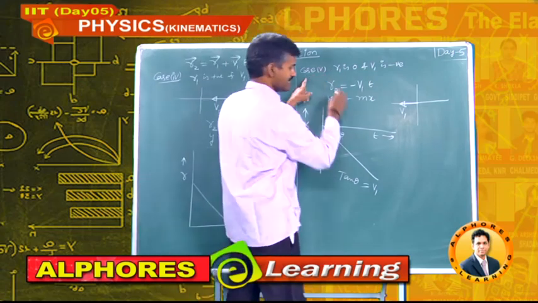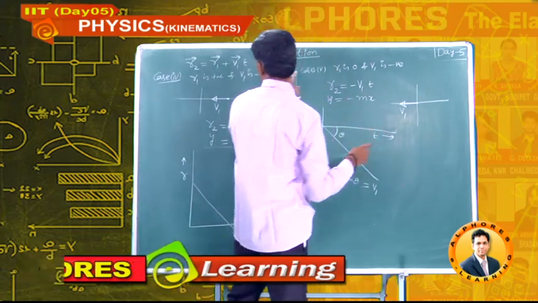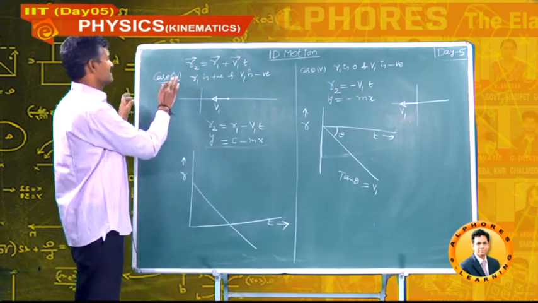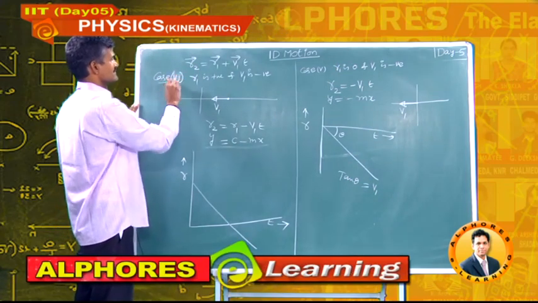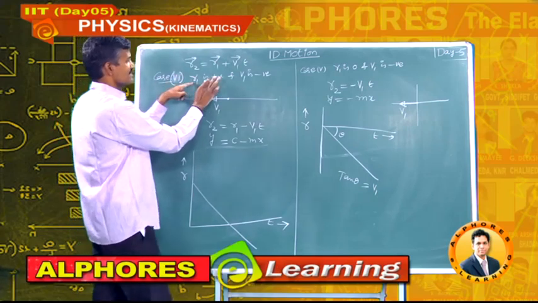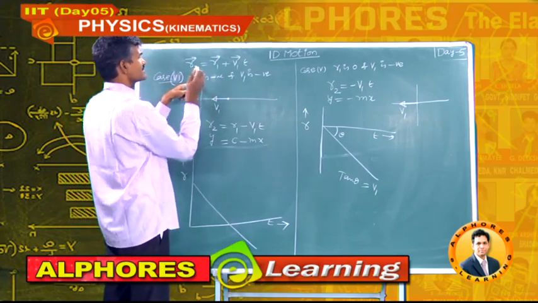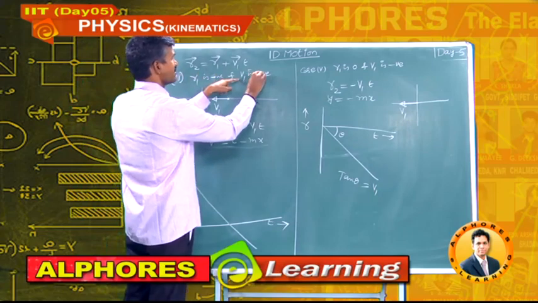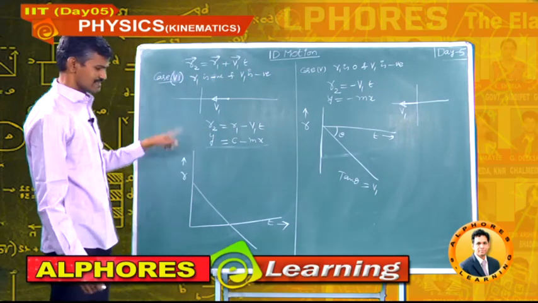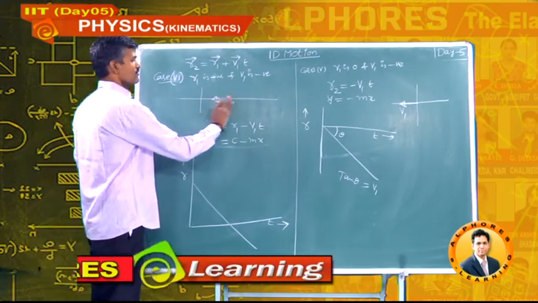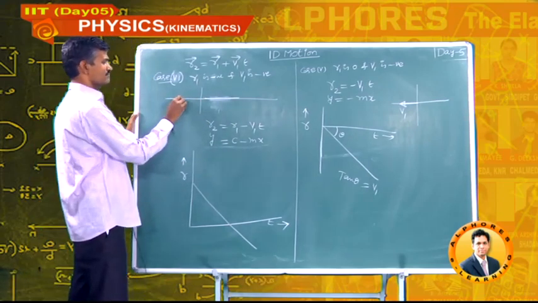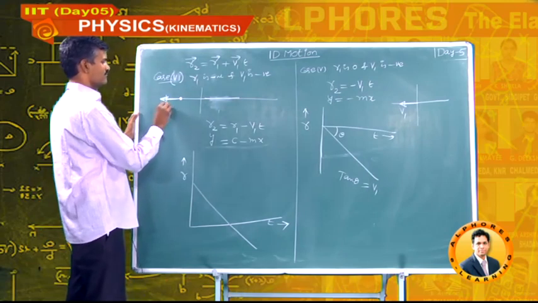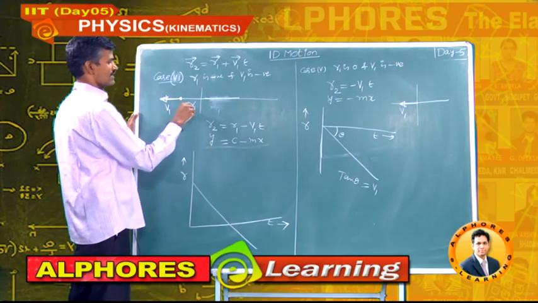Similarly, I can consider one case, that is our case 6. This R1 is negative, and V1 is also negative. In such case, particle moves in this direction from this position. This is some V1, this is R1.